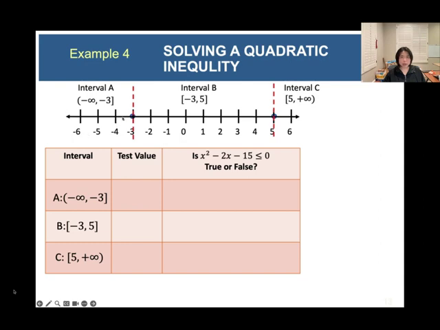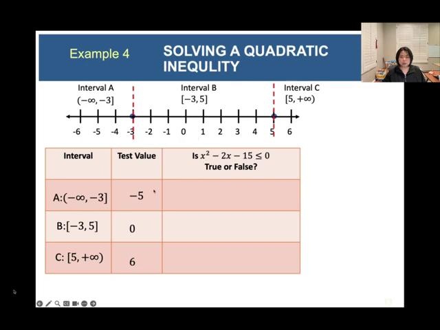So I may put in negative 5; it doesn't matter, you could put negative 4. For B, the second region, I could plug in any number within this interval, so I'm gonna pick an easy number: x = 0. And for the last one, I will make it x = 6.